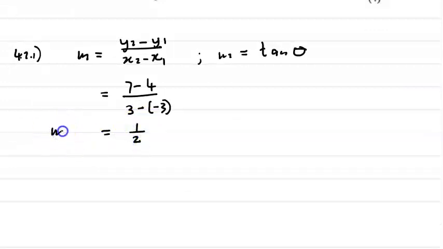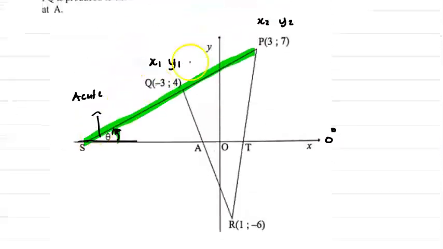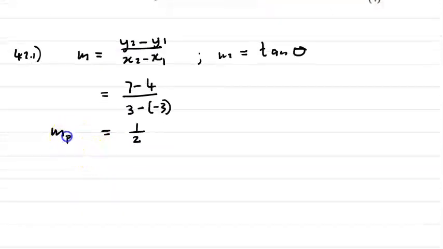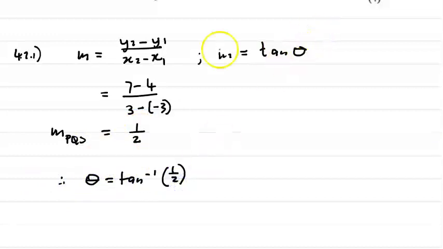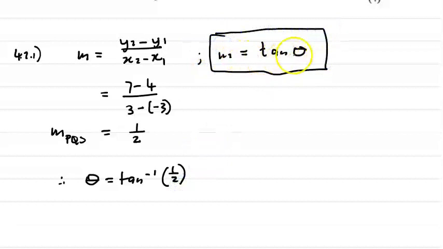So therefore, the gradient of PQS is equal to half. Therefore, we can now say that theta is equal to tan inverse of half, using m equals tan of theta. Remember, therefore, theta equals tan inverse of m.